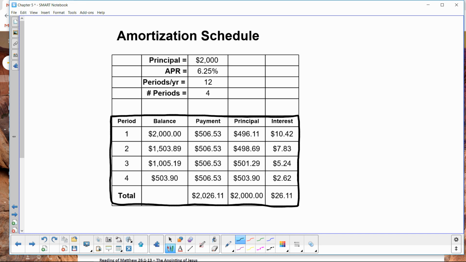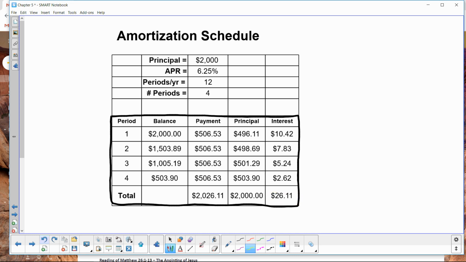Okay. Notice several things. Number one, payments are the same every time. Number two, you paid $2,000 in principal. Number three, there was $26 worth of interest.